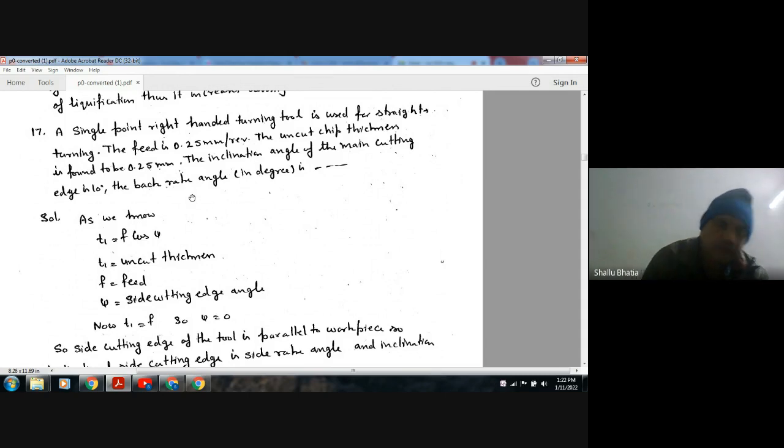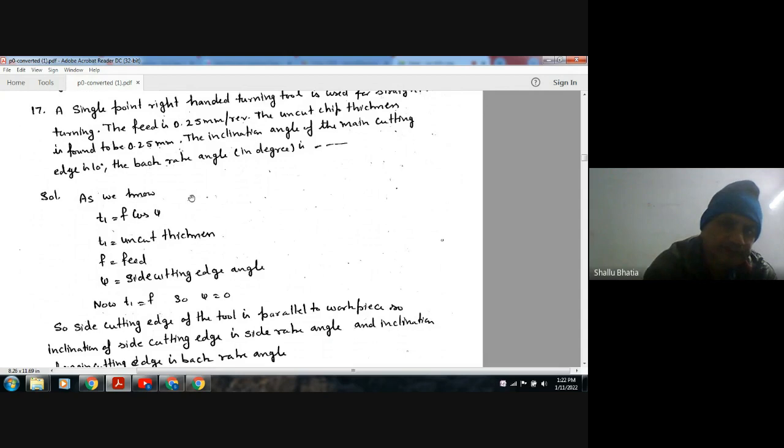Okay. So we know there is a relationship between uncut thickness and feed. Uncut thickness is T1 and f is the feed. This is the relationship between uncut thickness, feed and the side cutting edge angle.